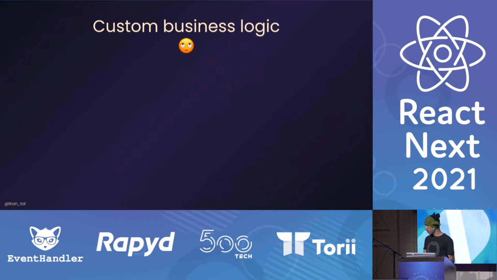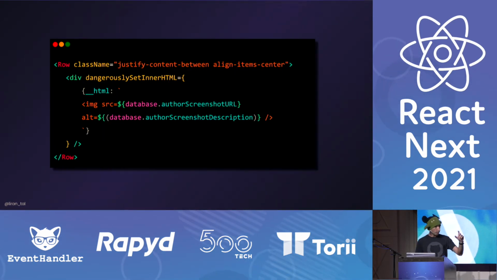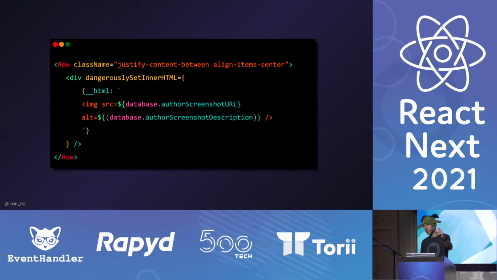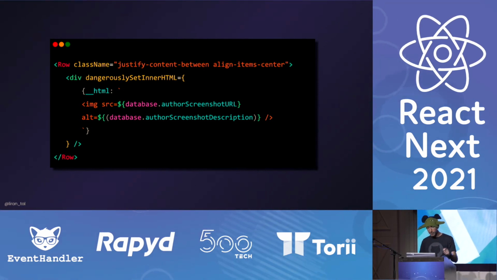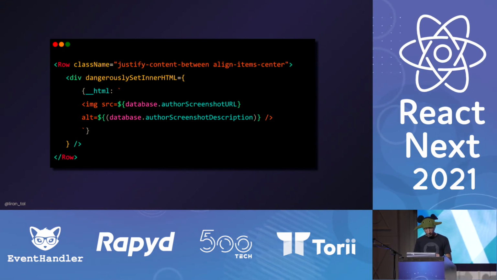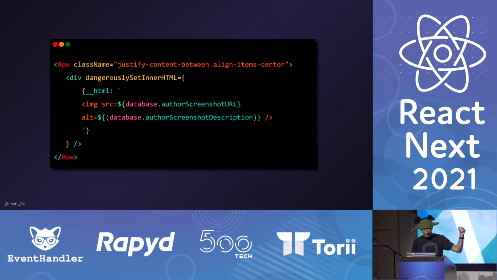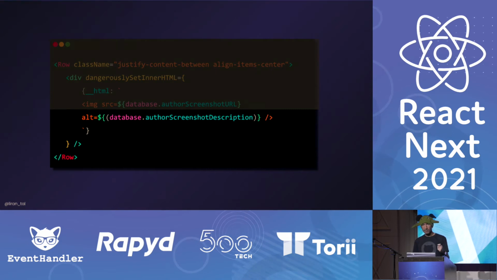We all have custom business logic. For example, maybe you have a toaster message or a pop-up. Usually, you want to say success, created specific data points, and you want to add a link to the record ID or something else. So maybe you have this bit of logic where you have dangerouslySetInnerHTML and provide an image source. And in my case, specifically here, maybe you also want to customize the image itself.